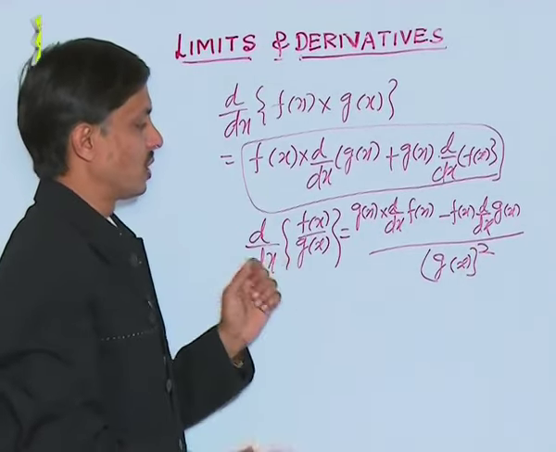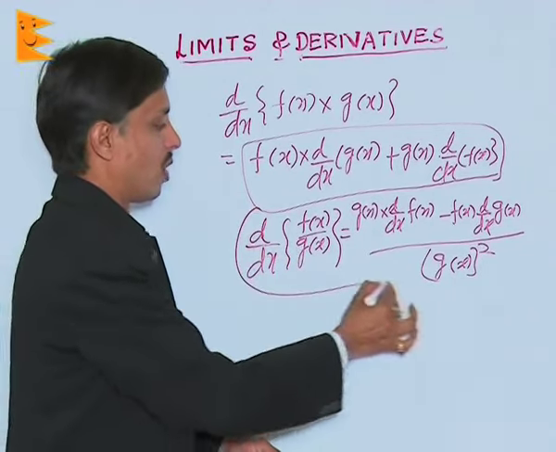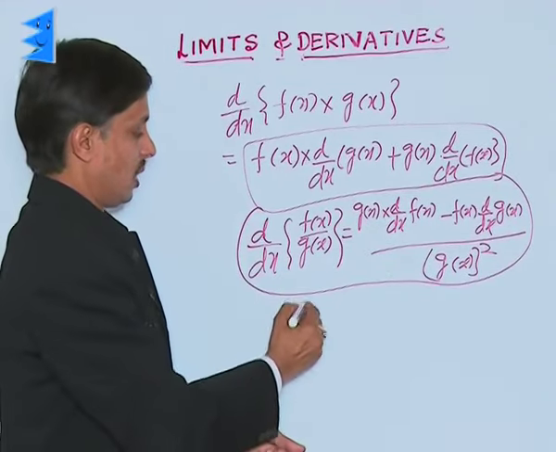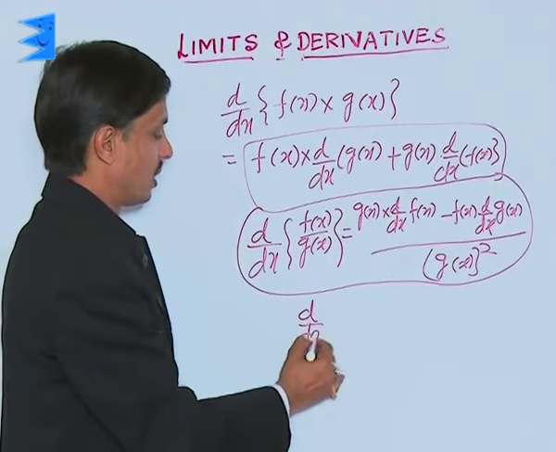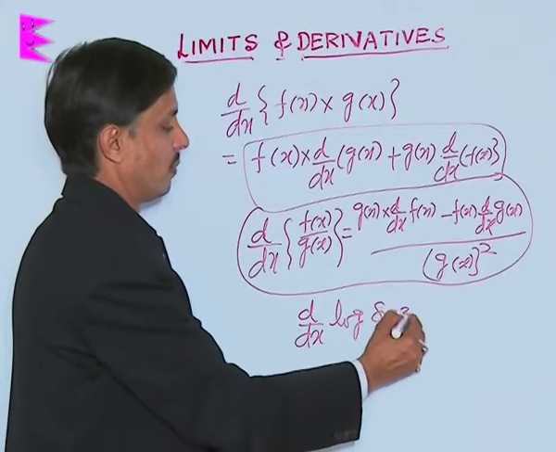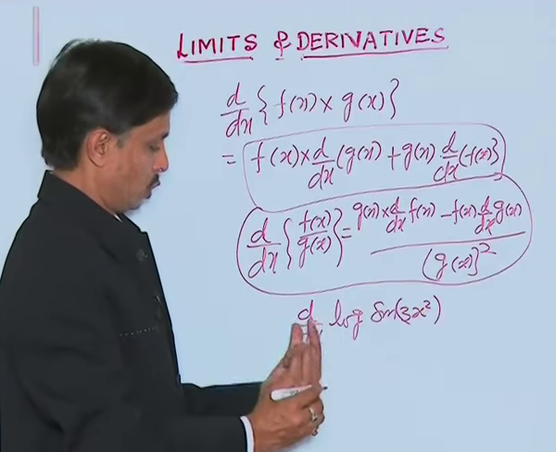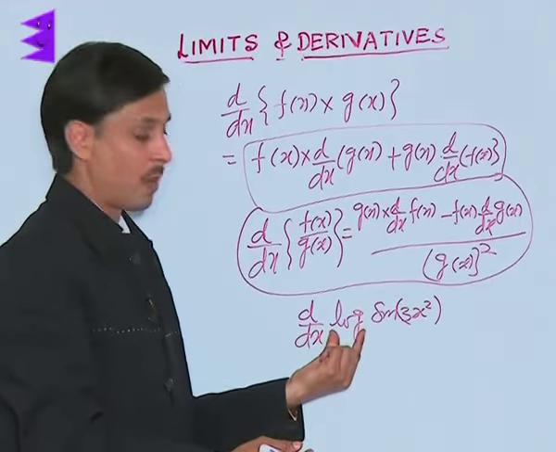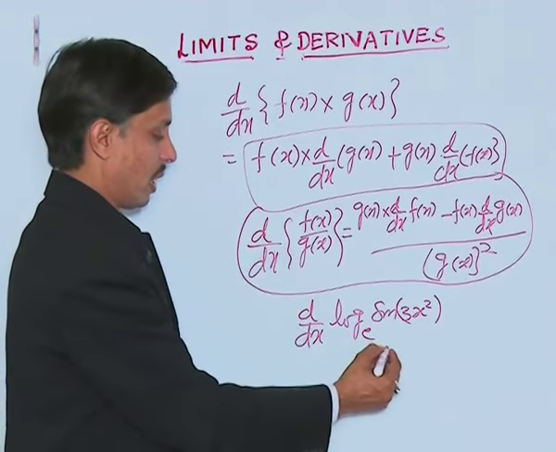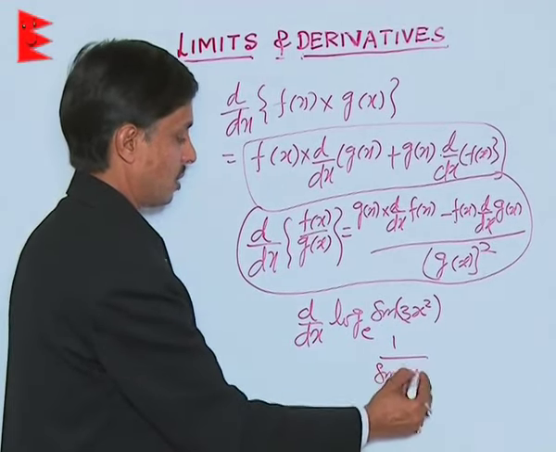These two rules are very important, and along with these I want to tell you one problem related to the chain rule. Suppose I ask you what is the derivative of log of sine of 3x square. First we take the derivative of the log. Whatever log x, the answer is 1 upon x, so this becomes 1 upon sine 3x square.